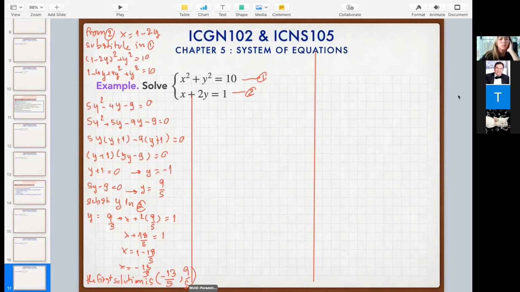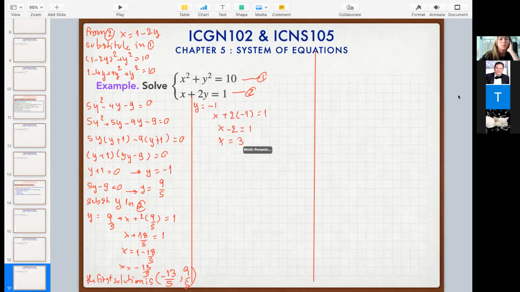Now for y equals negative 1, we substitute it in equation 2 as well. x plus 2 times negative 1 equals 1. x minus 2 equals 1. x equals 3.